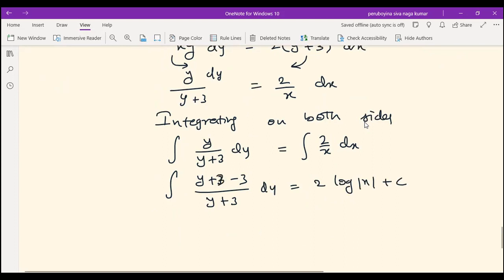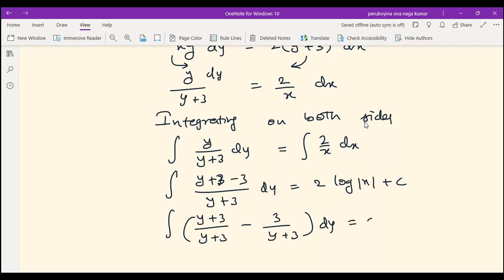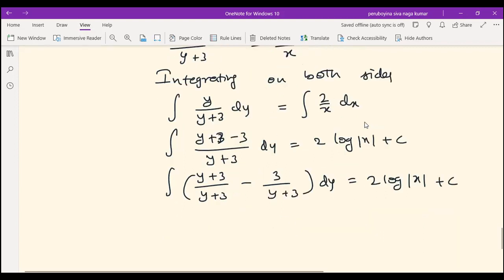Okay. So separate it: y plus 3 divided by y plus 3 minus 3 divided by y plus 3, because the denominator will be shared with each and every term. So in the numerator, 2 log mod x plus c. So you can cancel it here.